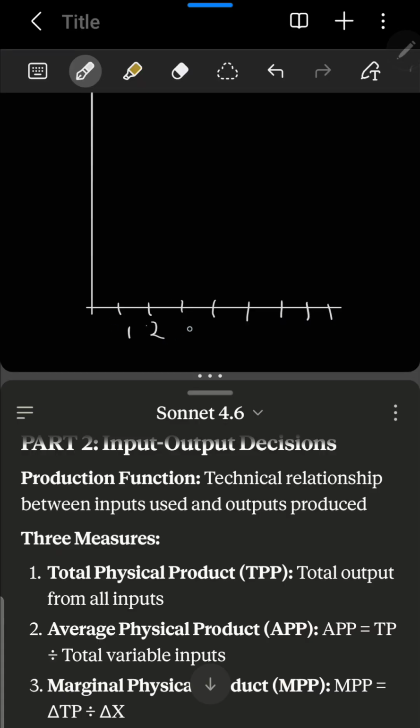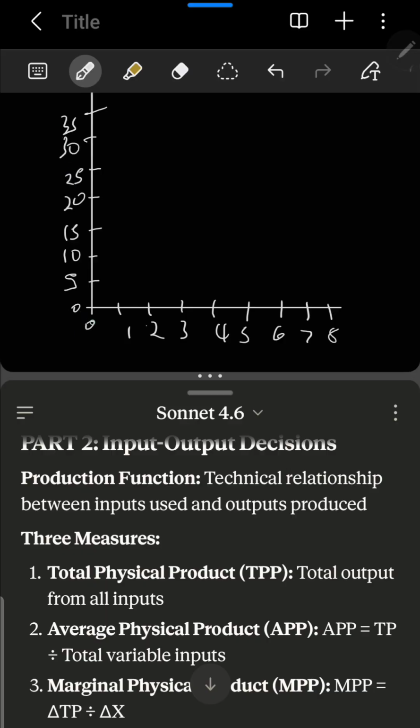one, 2, 3, 4, 5, 6, 7, 8, and yield of 5, 10, 15, 20, 25, 30, 35.